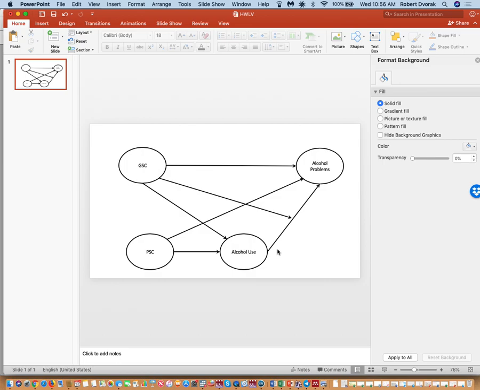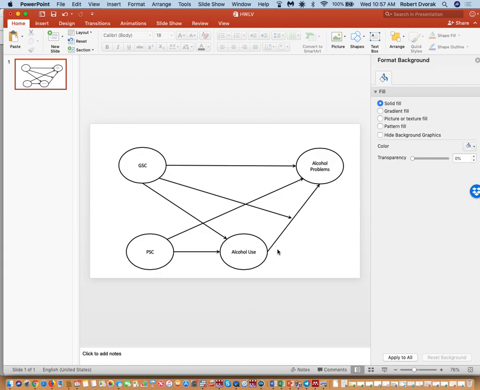It's easy enough. You can just use the initial model and plug in the effect of alcohol use on alcohol problems in your original model, the effect of good self-control on alcohol problems from your original model, and the interaction of good self-control by alcohol use on alcohol problems in your original model, then the intercept.